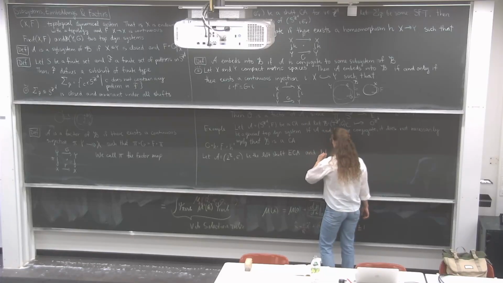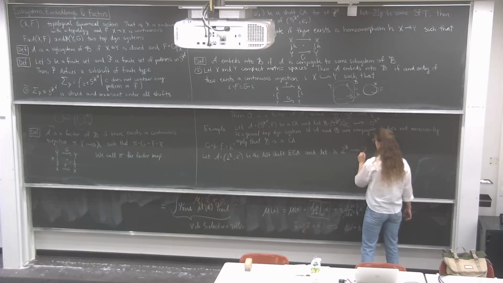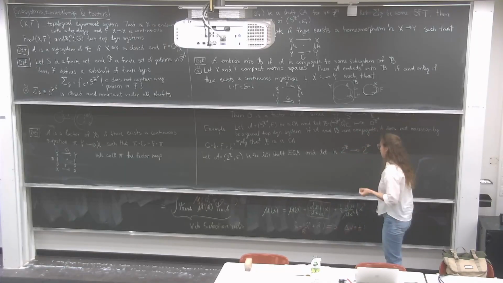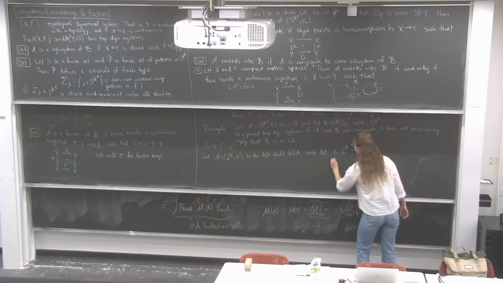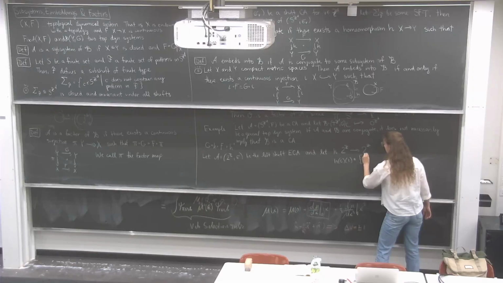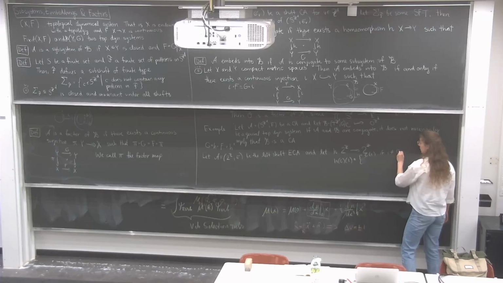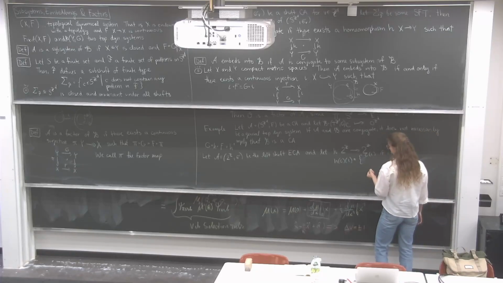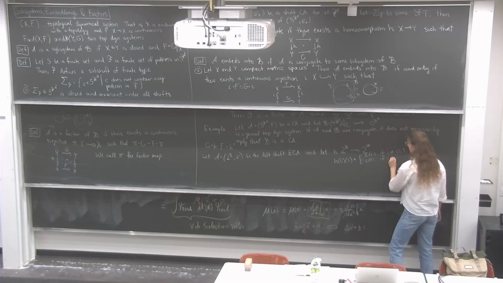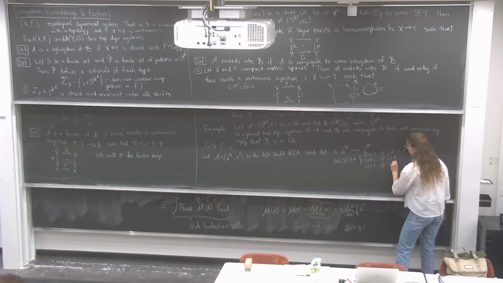Let H be a self-map such that H of C at position i is just C_i if i differs from 0 and 1, it is C_0 if i equals 1, and it is C_1 if i equals 0.